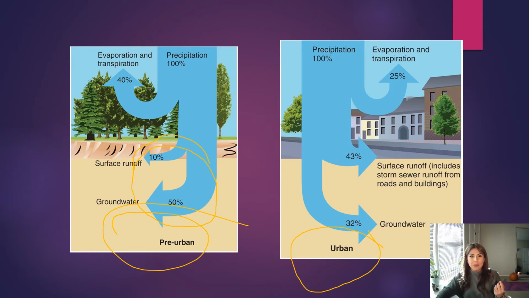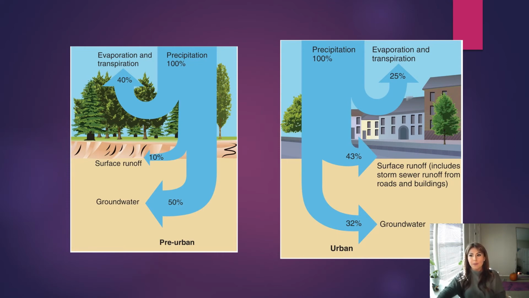And 10% of it is just surface runoff, versus an area that is urbanized, paved, channelized, whatever you want to call it. About 32% is absorbed in groundwater, and 43% is just straight surface runoff. So you see how that natural landscape is important.